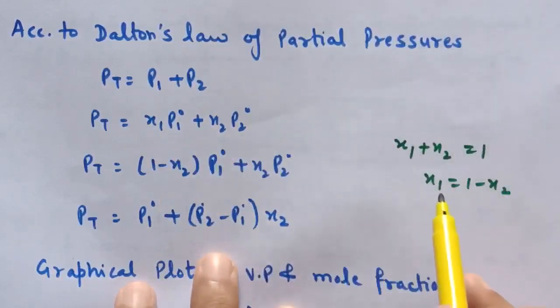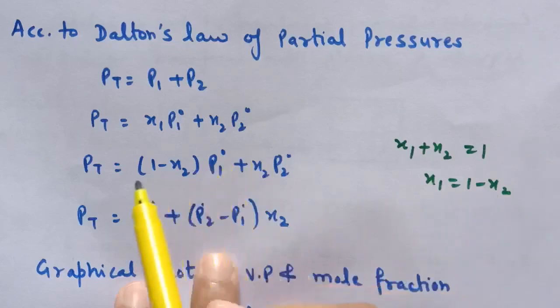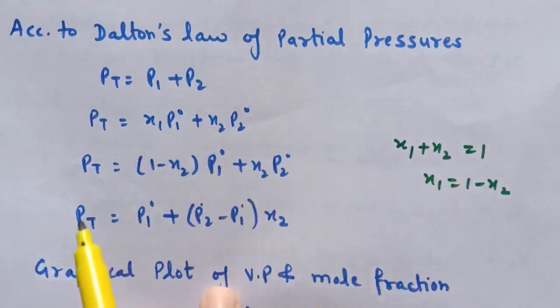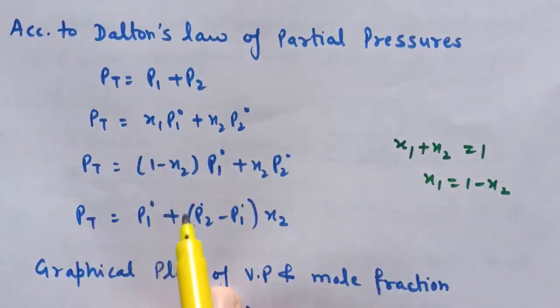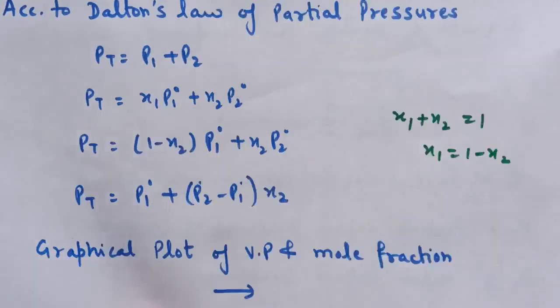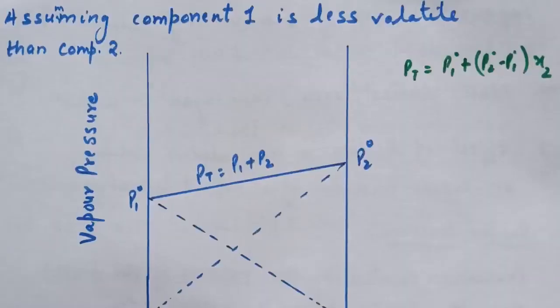When we put the value of x1 in this expression, the equation becomes P total equals P1 naught plus P2 naught minus P1 naught into x2. Now we will see the plot of vapor pressure and mole fraction for liquid-liquid solutions.